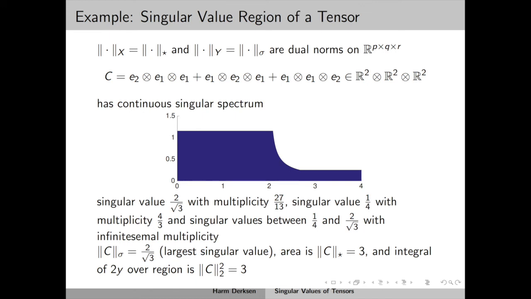For example, the nuclear decomposition might not be unique, and there may be many different ways of decomposing. It's kind of hard to explain, but some things are really different for tensors.